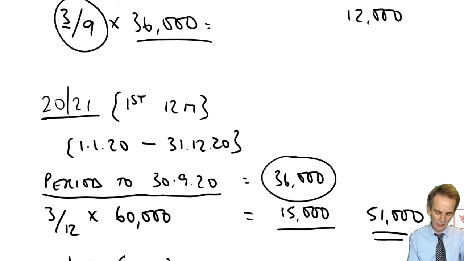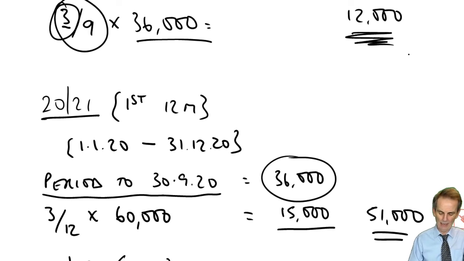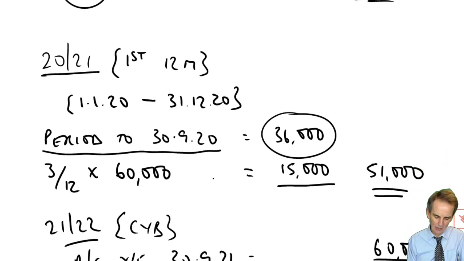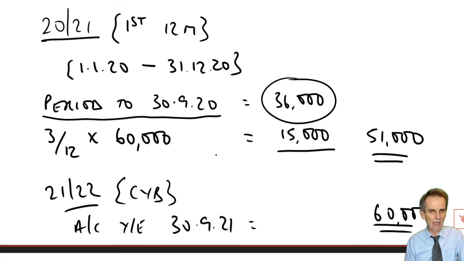So that means that what we had in the first year, that first 3 months of the period, that £12,000 as we have there, has not only represented the assessment for the first year, it's also become a part of the assessment for the second tax year.